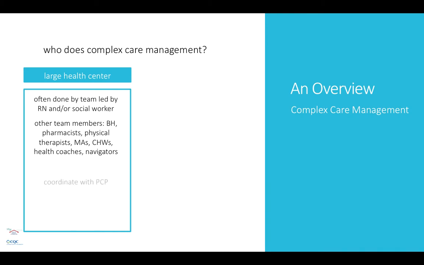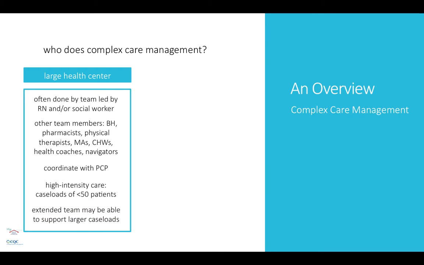This team coordinates with the patient's primary care provider. Complex care management in this model is high-intensity care, with caseloads usually of 50 or less patients per RN or social worker. A larger complex care management team with a health coach or patient navigator support may be able to support larger caseloads.